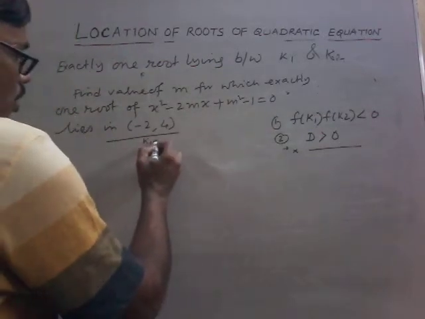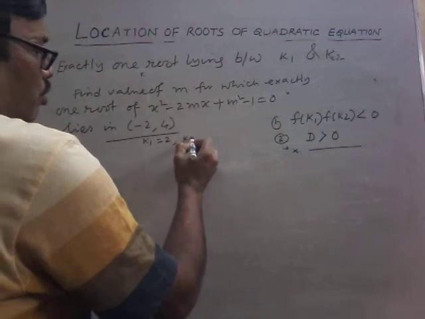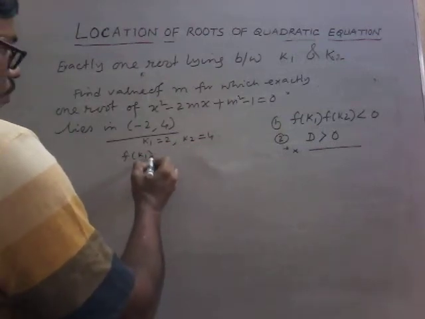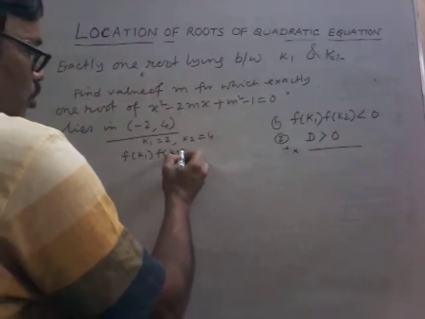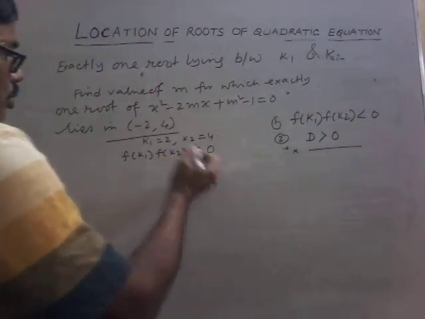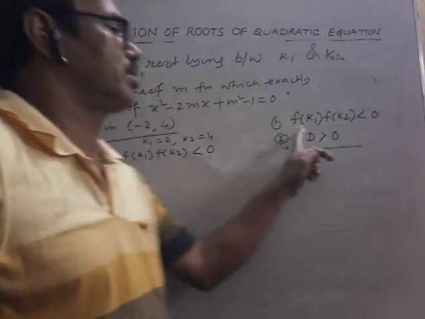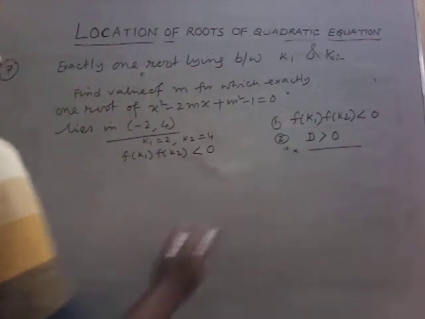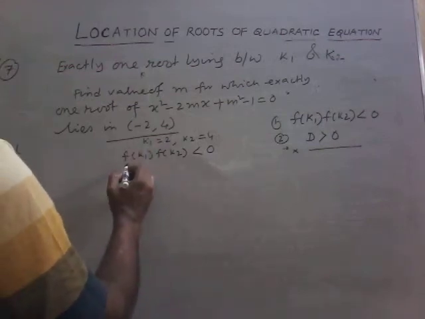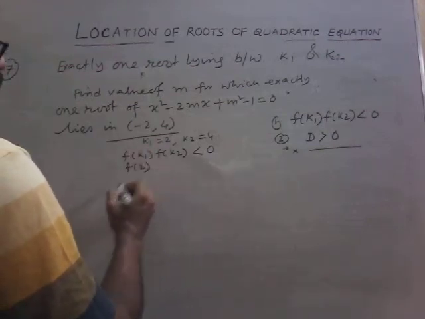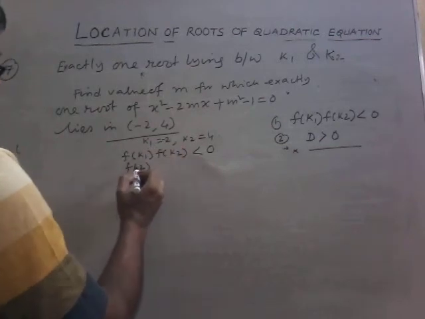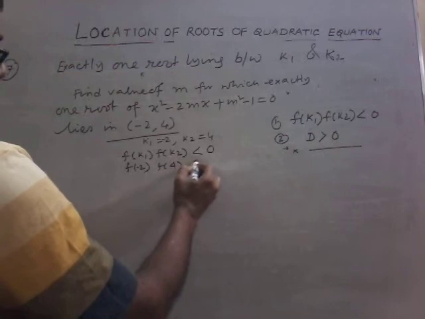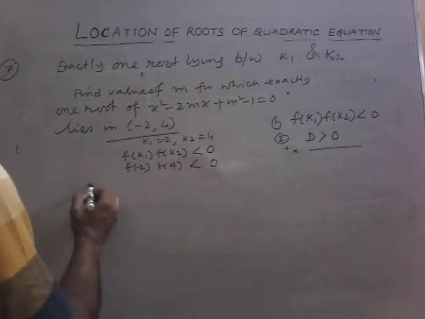So what is K1? K1 is -2, K2 is 4. So write f(K1) into f(K2) less than 0. This is our first condition. Now what is f(K1)? So K1 is -2. f(-2) into f(4) less than 0.